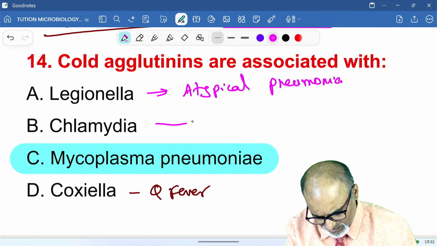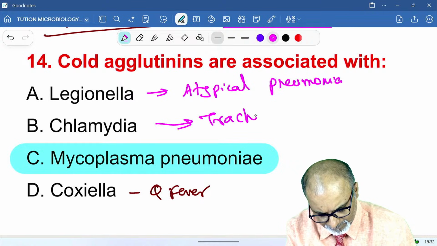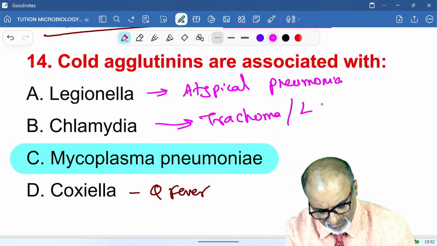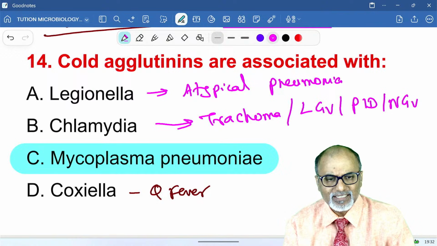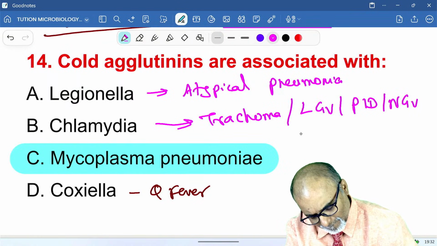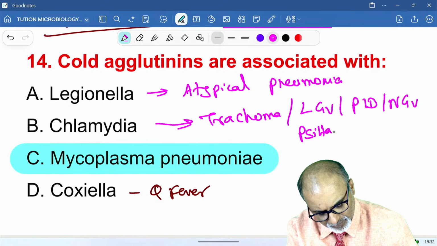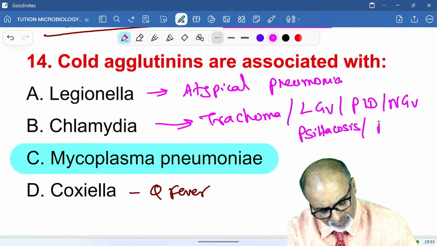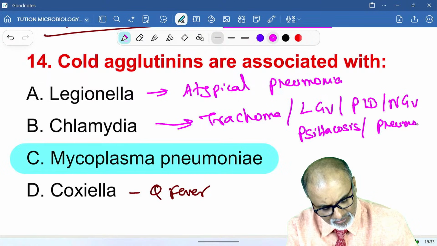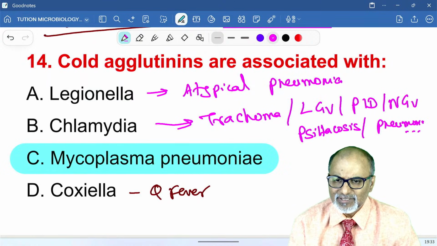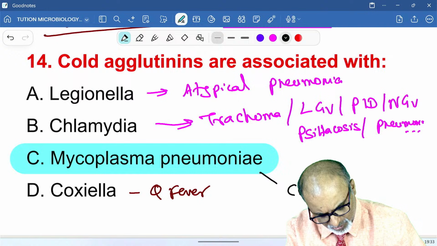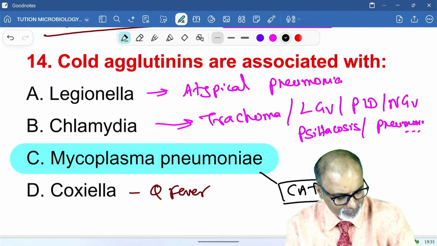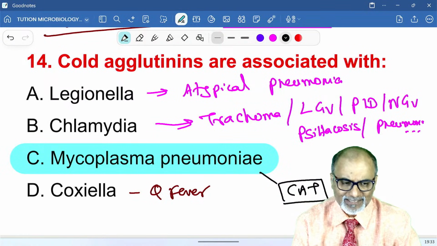Chlamydia causes many diseases which include trachoma, LGV, pelvic inflammatory disease, non-gonococcal urethritis, psittacosis, atypical pneumonia, etc. Cold agglutinin test is associated with Mycoplasma pneumonia. We shortly call it the CAT test.